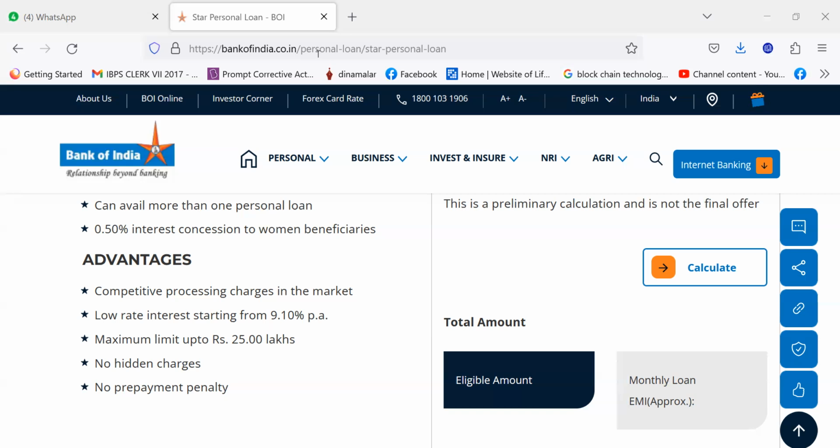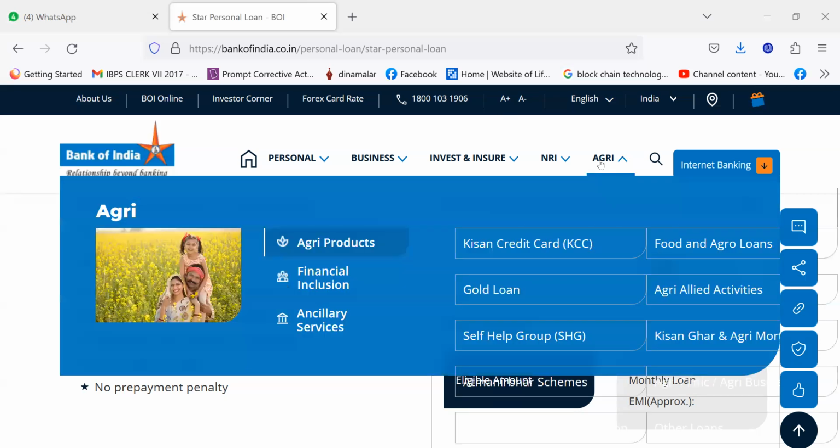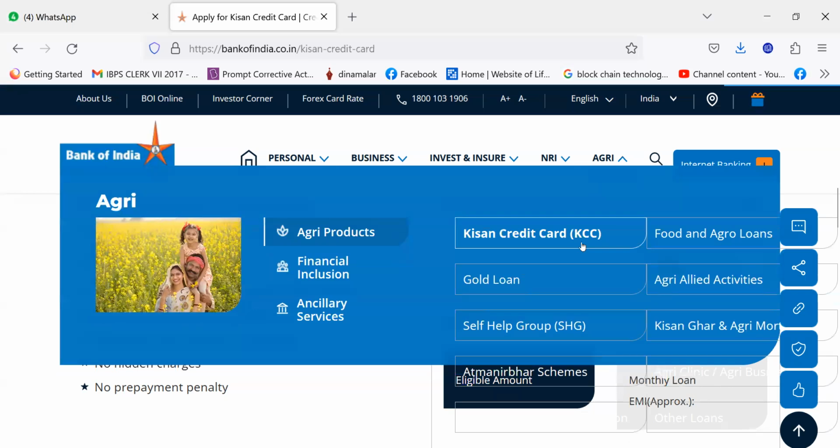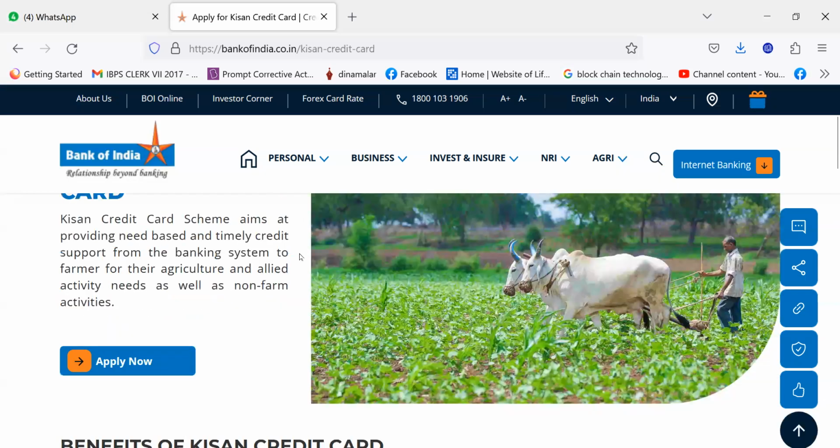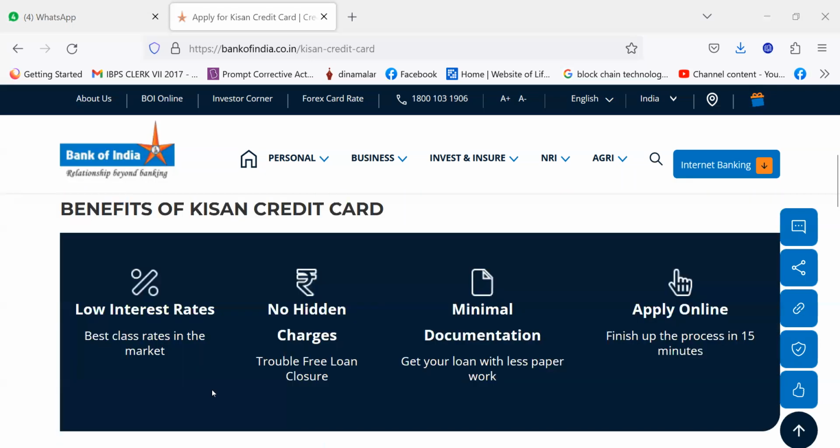It provides credit to farmers for their short-term and long-term agriculture needs such as crop cultivation, farm machinery, allied activities, and irrigation. Its main aim is to provide timely and adequate credit to farmers to enhance their crop production and their living standard.